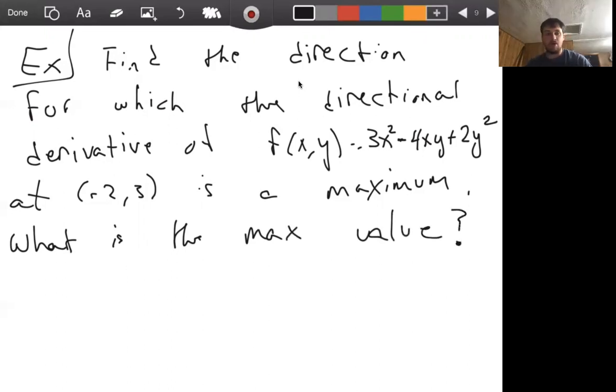Okay. And so here we're given a function, and we want to find the direction in which the directional derivative is increasing at a maximum. And what is the max value at this point, right? Well, we know which direction the directional derivative increases the most, and it's the gradient.